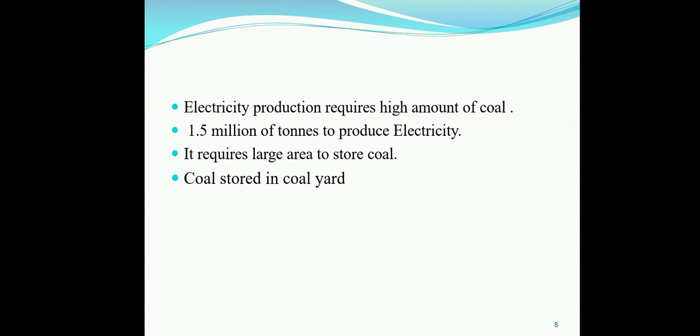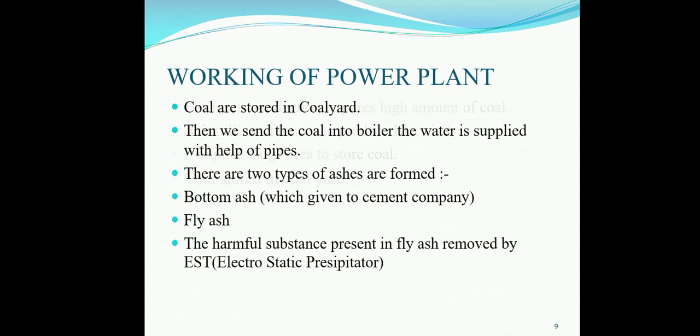Now, the coal is ground into small pieces and transferred into the boiler. There are small pipes present in the boiler. There are two types of ash present in the boiler.